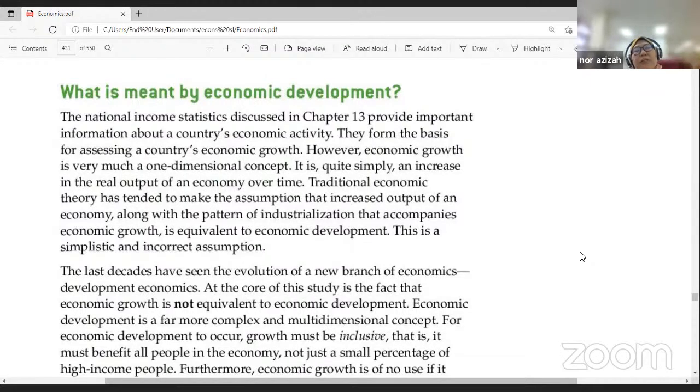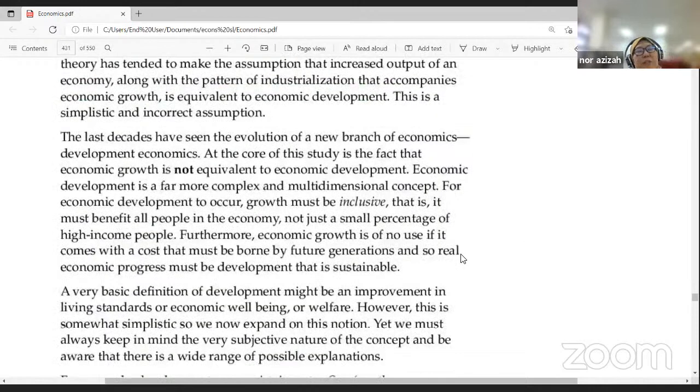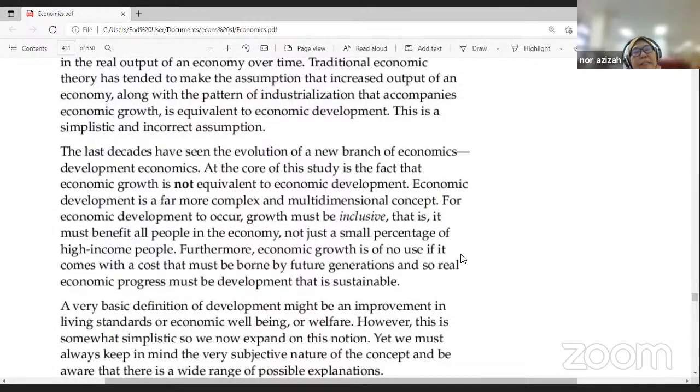Okay. So the next one, who else do we use? Christina. It's been a long time since I heard your voice, Christina. Oh, I heard it earlier. I want to hear your voice again. Yes, teacher. The last decades have seen the evolution of a new branch of economics, development economics. At the core of this study is the fact that economic growth is not equivalent to economic development.